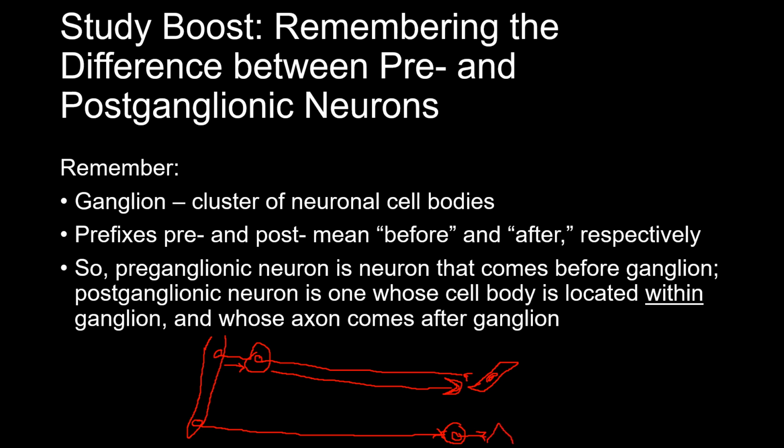Let's just say it's a gland. Okay, so you see a very long preganglionic axon, very short postganglionic axon. So that is parasympathetic, and that is sympathetic.